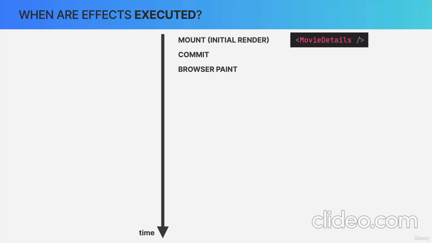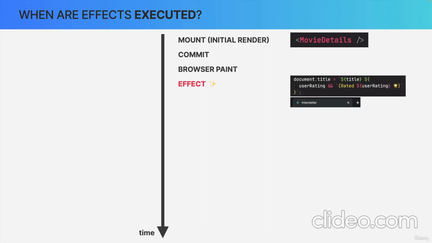Well, effects are actually only executed after the browser has painted the component instance on the screen. So not immediately after render, as you might have thought initially. That's why we say that effects run asynchronously after the render has already been painted to the screen. And the reason why effects work this way is that effects may contain long-running processes, such as fetching data.